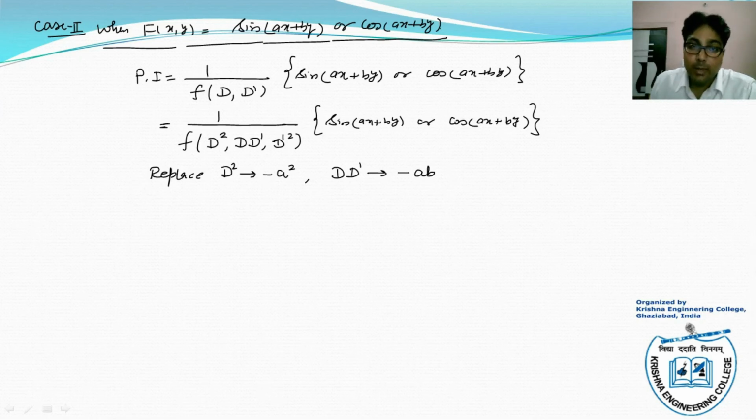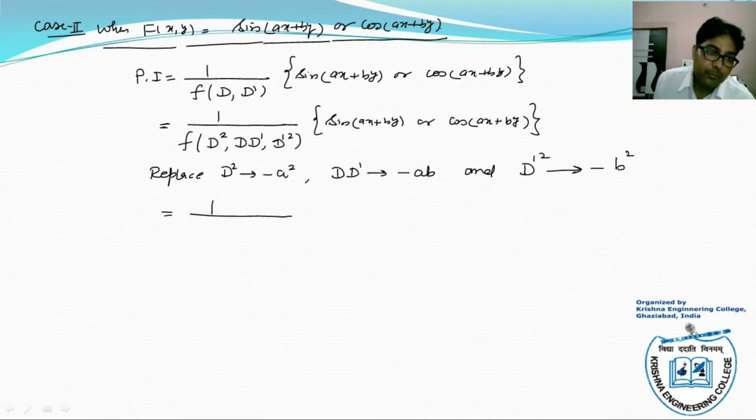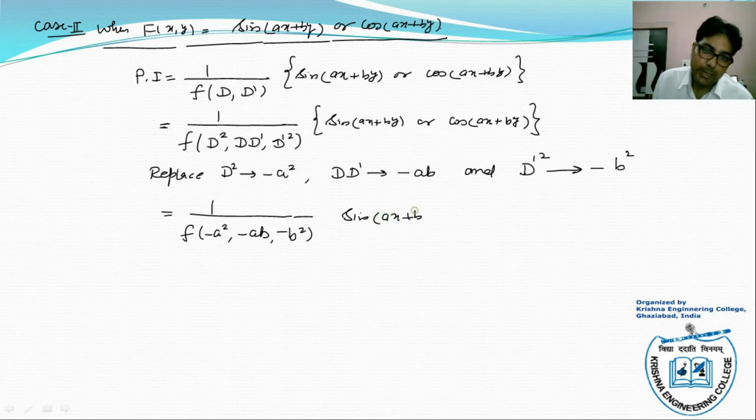Clear? And replace D' square by minus 1 times b square. Clear? So this becomes 1 upon f of minus a square, this becomes minus ab, this becomes minus b square, sin(ax plus by) or cos(ax plus by), right?